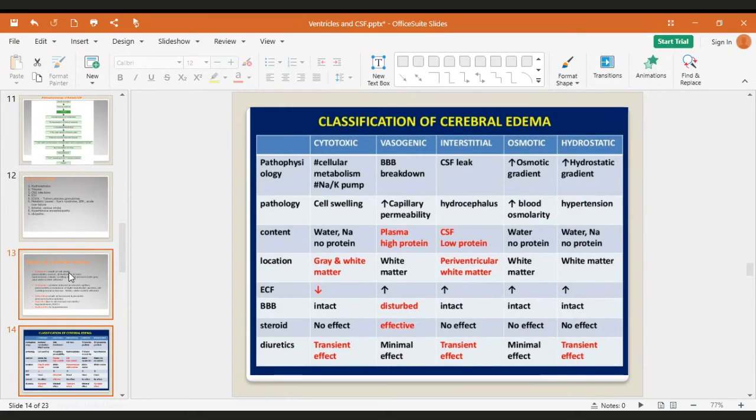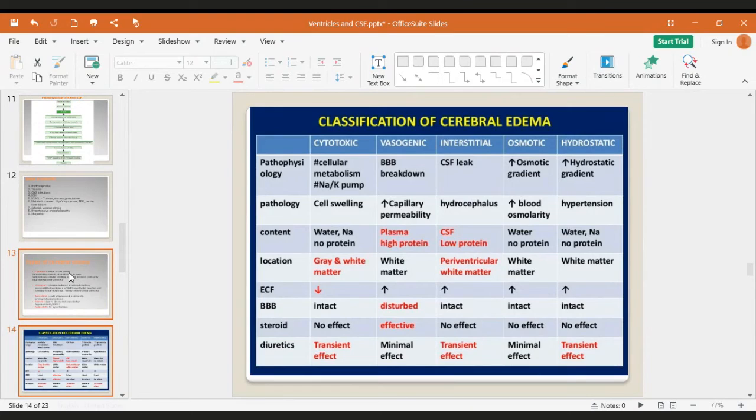As for the content: in cytotoxic edema it is water and sodium, no protein. In vasogenic edema, there is plasma and high protein due to vascular leakage. In interstitial, there is CSF leakage into the surrounding tissue with low protein. In osmotic edema, there is water and no protein.